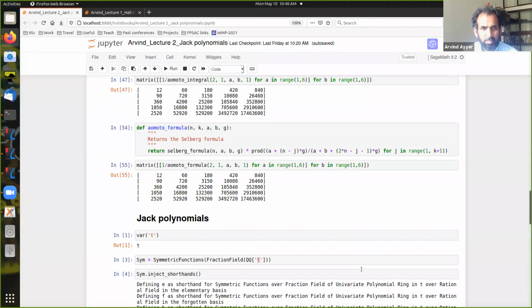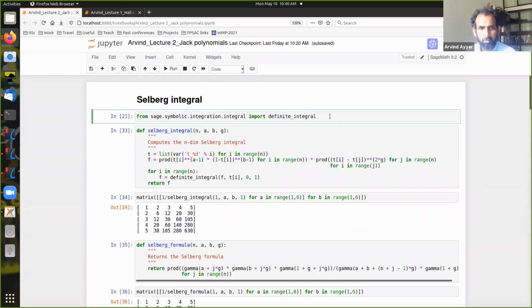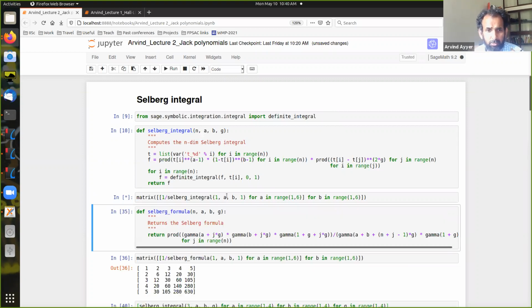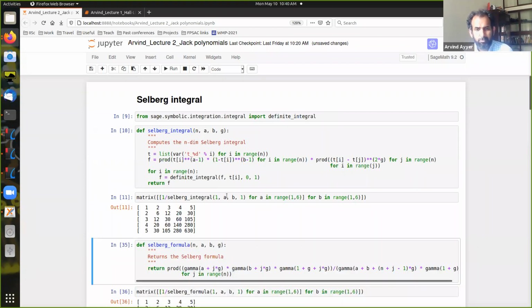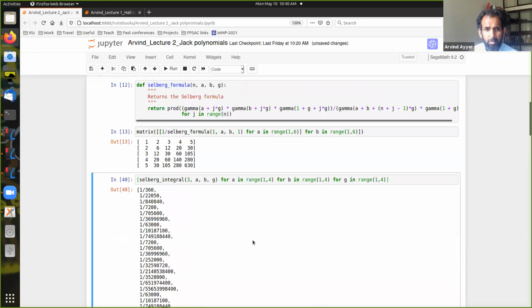I programmed this in Sage. So I computed this. This program, Selberg integral, computes the Selberg integral in terms of n, alpha, beta, gamma, and you get these, which are all 1 by some integers. So I took 1 by these, and here is the Selberg formula. Again, I took 1 by those, and you can see that they are the same.